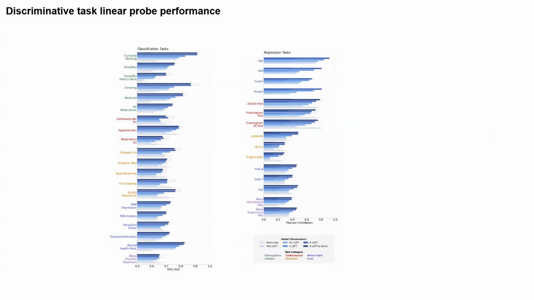We can see that the baseline model is most of the time the highest performing in different classification tasks and regression tasks.